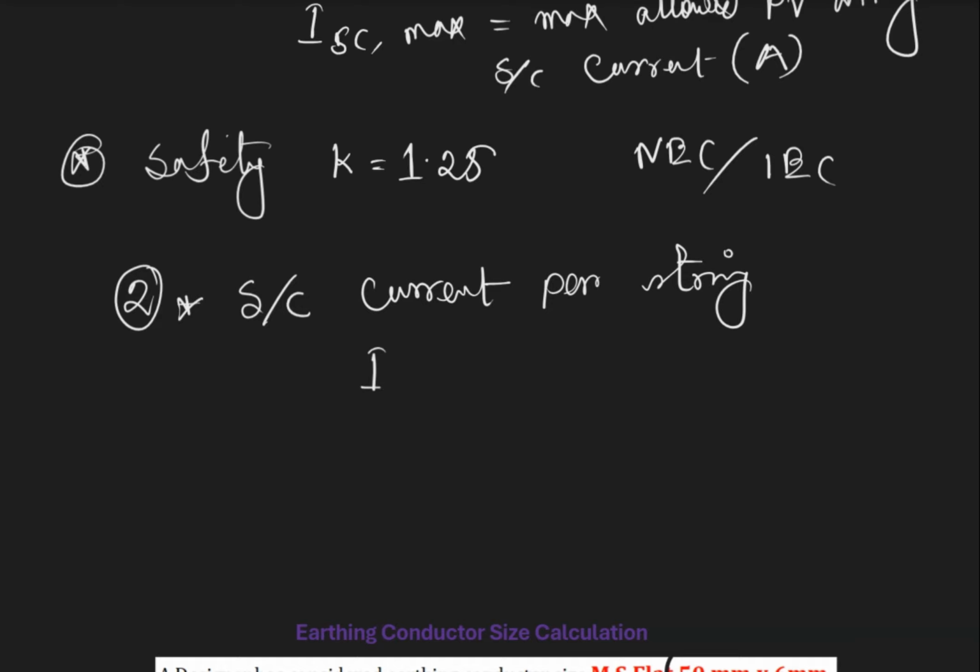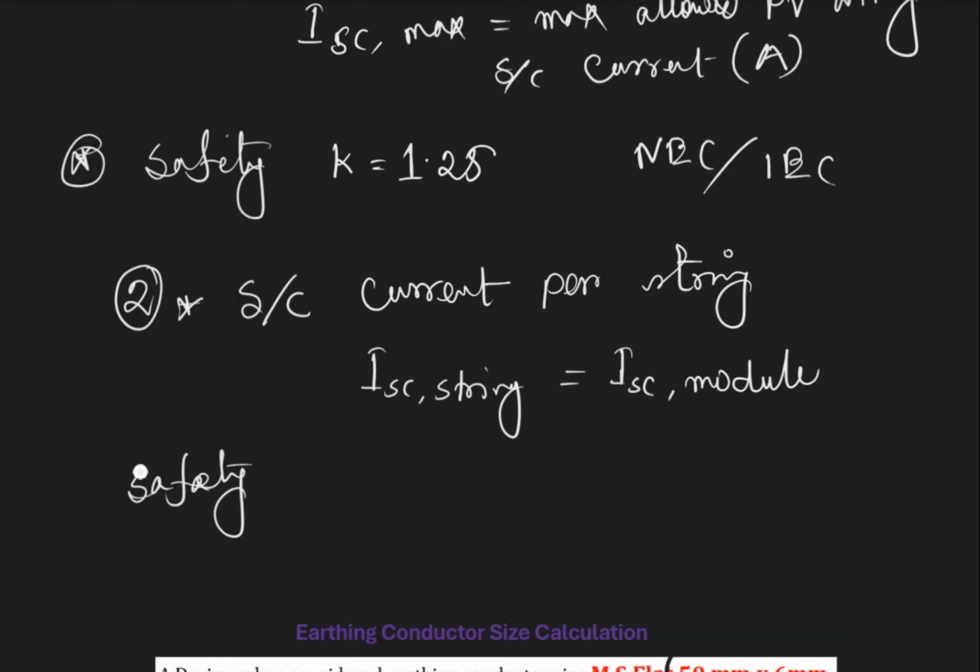Indeed, the short circuit current of the string is equal to the short circuit current of the module. This is very important: the string short circuit current and the module short circuit current are equal. And the safety factor again.